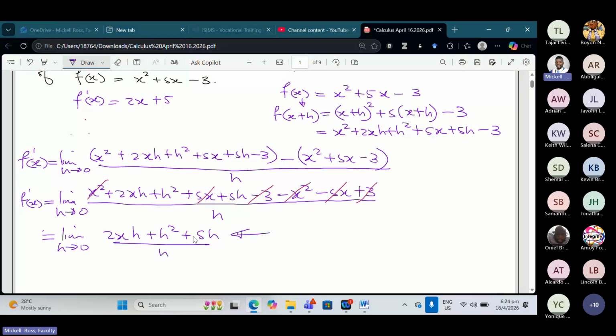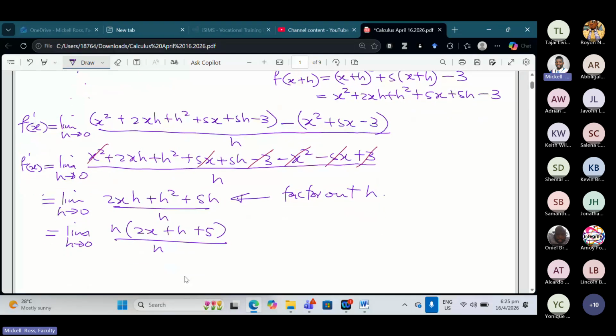Please note here, h is common between all the different terms in the numerator, so we can factor out h. All right. So we have the limit as h tends to 0 of h times 2x plus h plus 5, all divided by h.